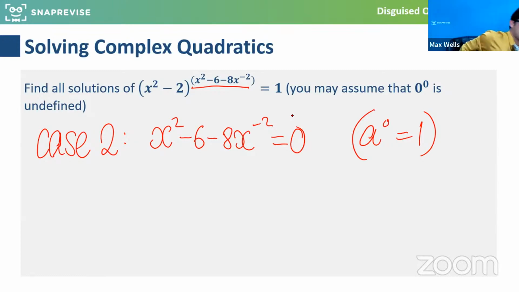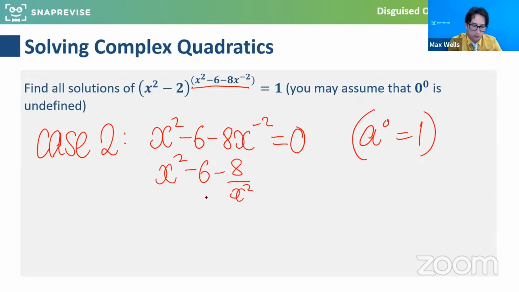Good. So for this bit, this again is a sneaky one, because this is like x squared minus 6 minus 8 over x squared. Now we could do a substitution, or we could actually take out a factor of 1 over x squared.